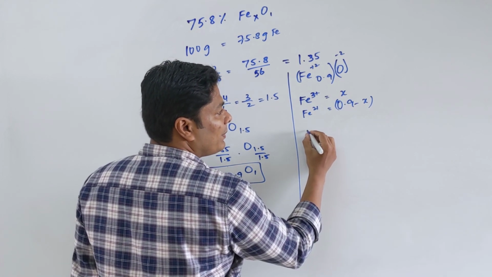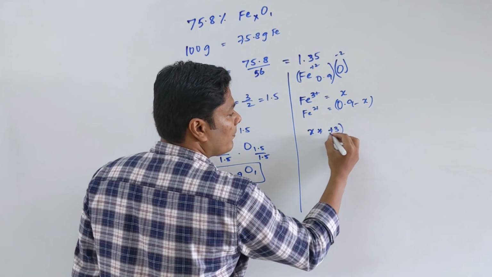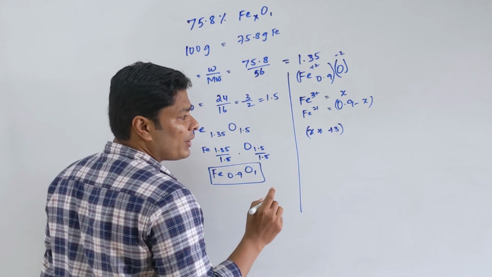Fe3+ has x, times the charge given, which is 3. It's a new pattern for you guys, particularly if you are state board.